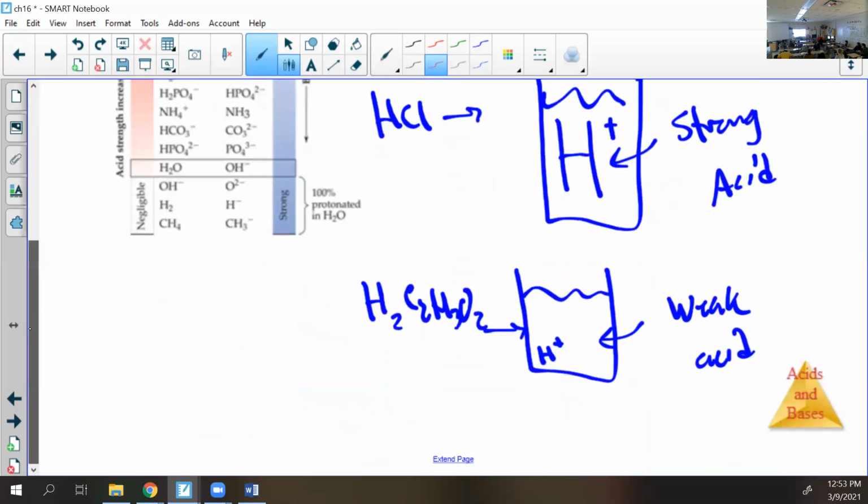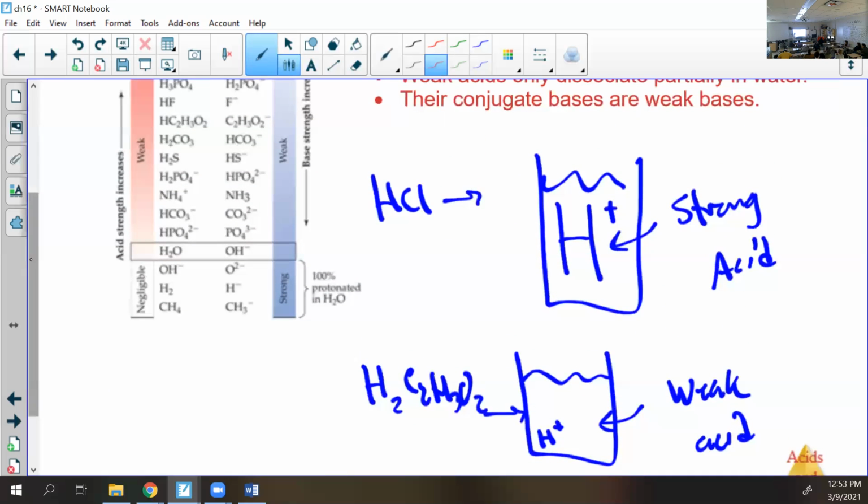What I'm trying to say here is when I have HCl and it dissociates, the concentration of H plus will be really high. Almost 100% of it breaks apart. Then the last part is saying there is Cl minus in this solution, but Cl minus's ability to force H to hang out with it is almost zero.